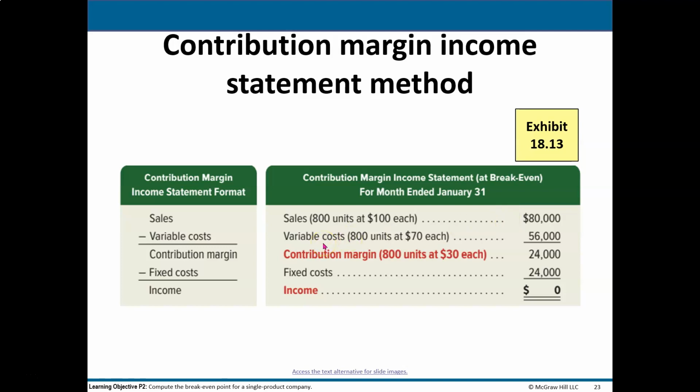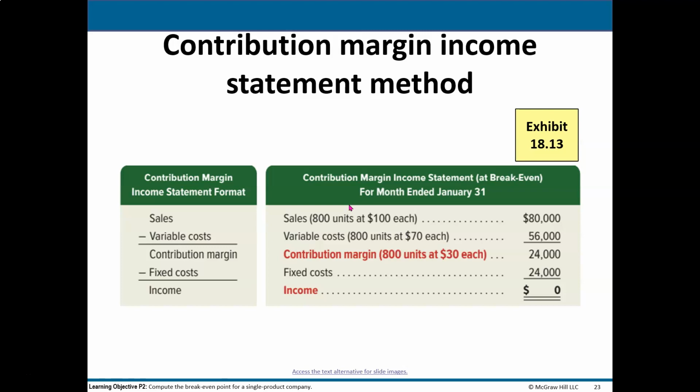The contribution margin income statement is going to be different than our absorption costing or our traditional gross profit income statement. Remember that under the multi-step income statement, or we can do a single step either way, we have sales minus our expenses gives us our income. And if we use a multi-step income statement, sales minus cost of goods sold gives us our gross profit, minus our operating expenses gives us our operating income.